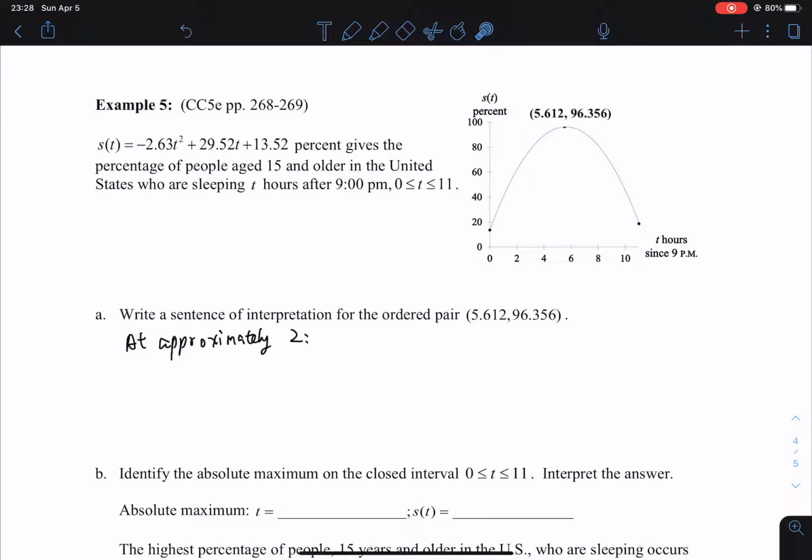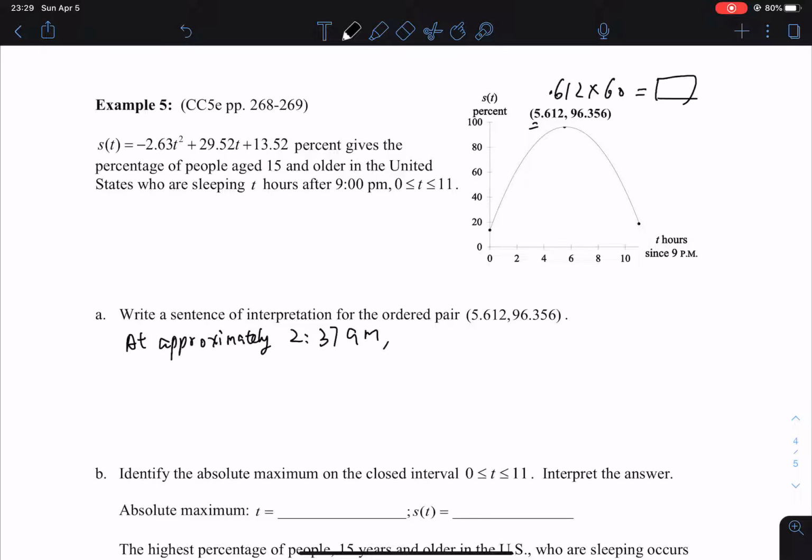The input number t means t hours after 9 p.m. So you just plug in 5.612. We use 0.612 times 60 minutes, then you will get the minutes. Then the answer is 2 a.m. 37.